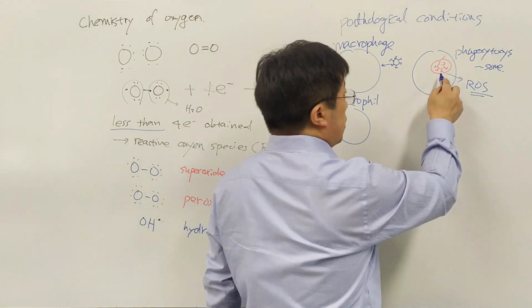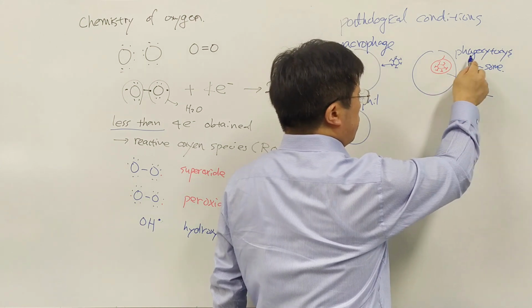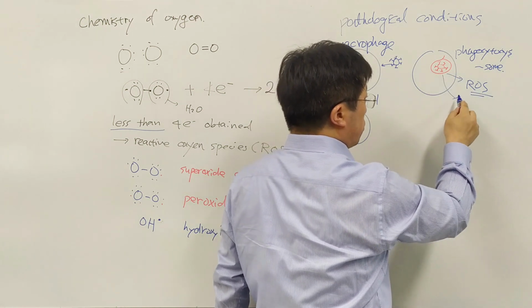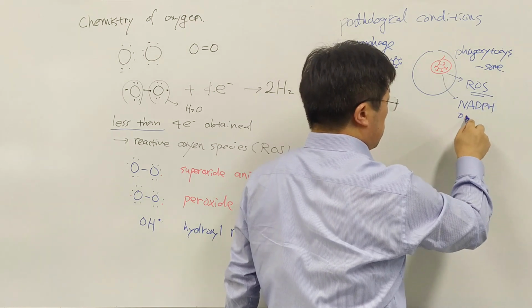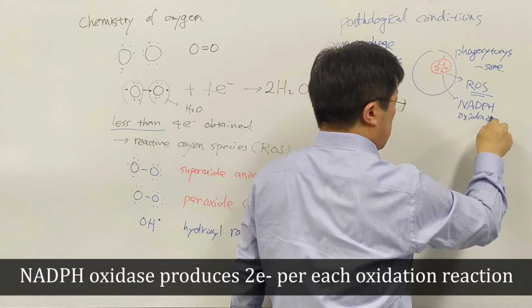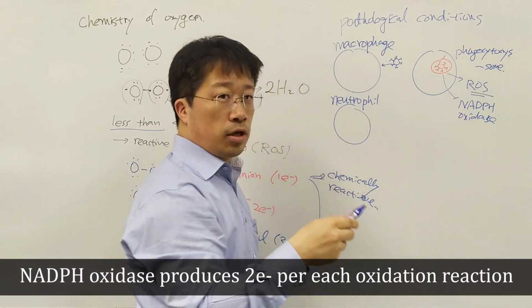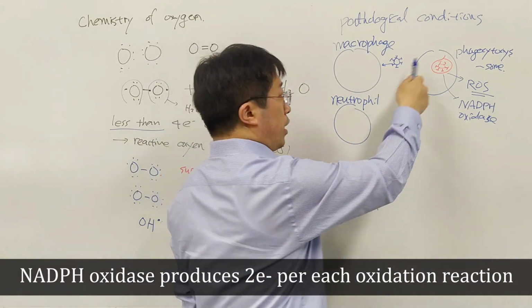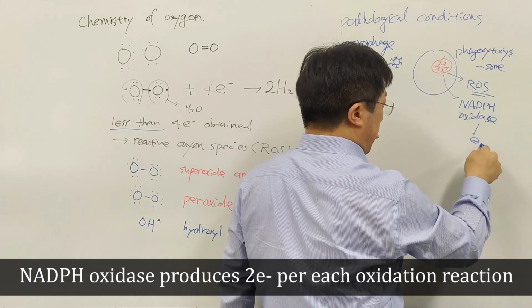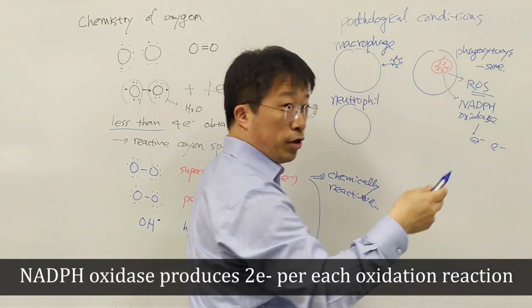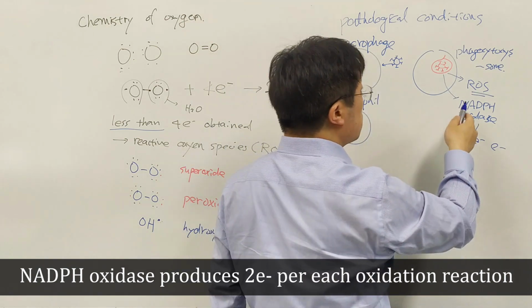In more detail, in here you have the phagosome that has NADPH oxidase. The oxidase means it is providing electrons here by the reactions of the oxidase.